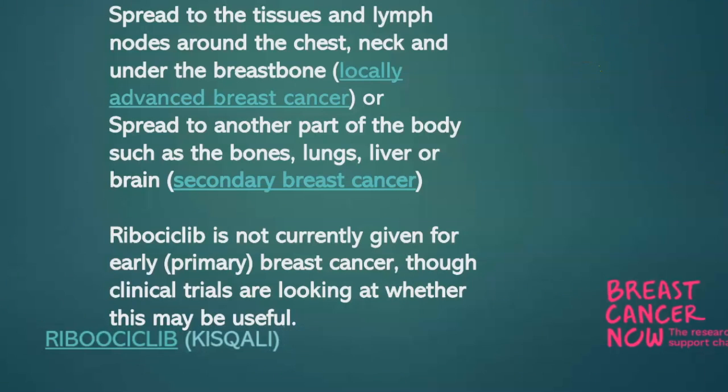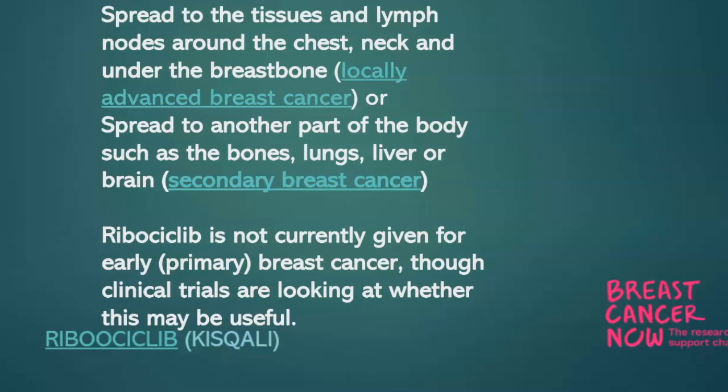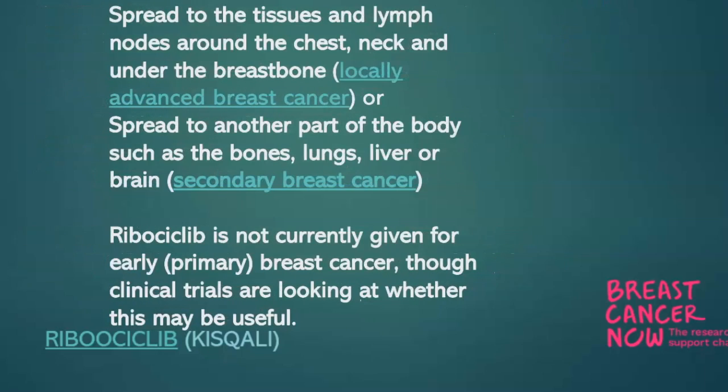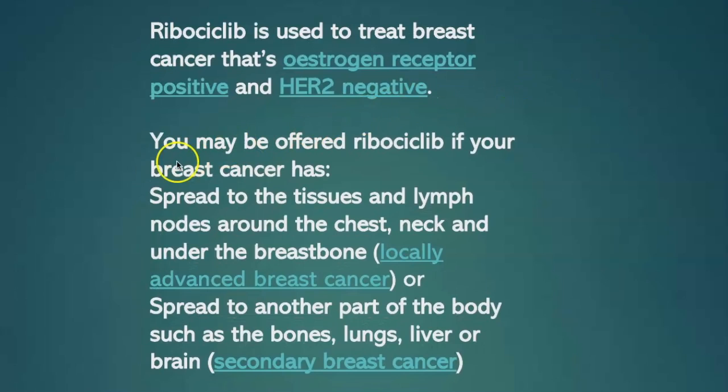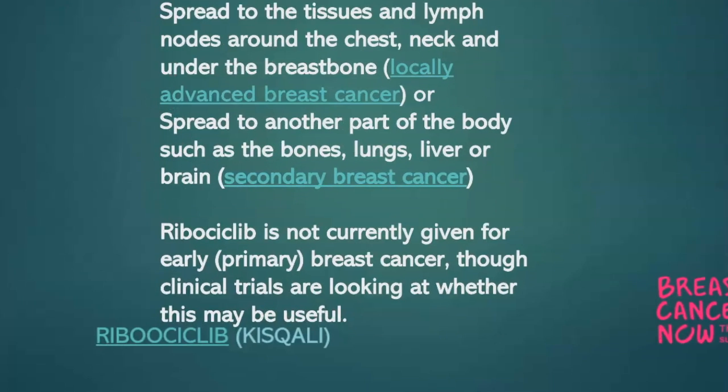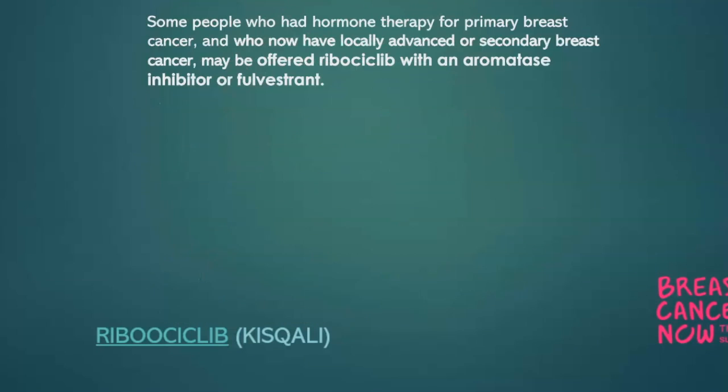Again, this drug is used for patients who are estrogen receptor positive and HER2 negative. And this is frequently given if the breast cancer has spread to tissues and lymph nodes locally or to other organ systems in advance, and it is not given for primary breast cancer. So that's yet another consideration.